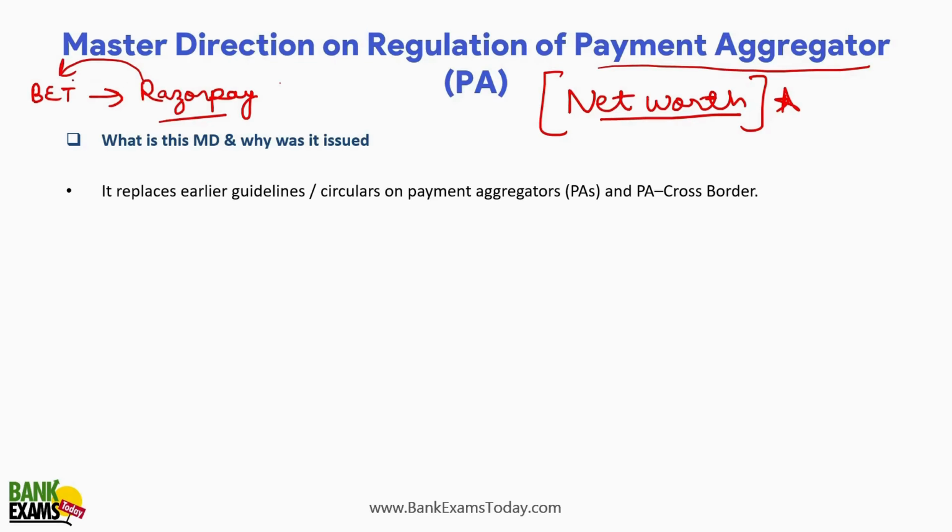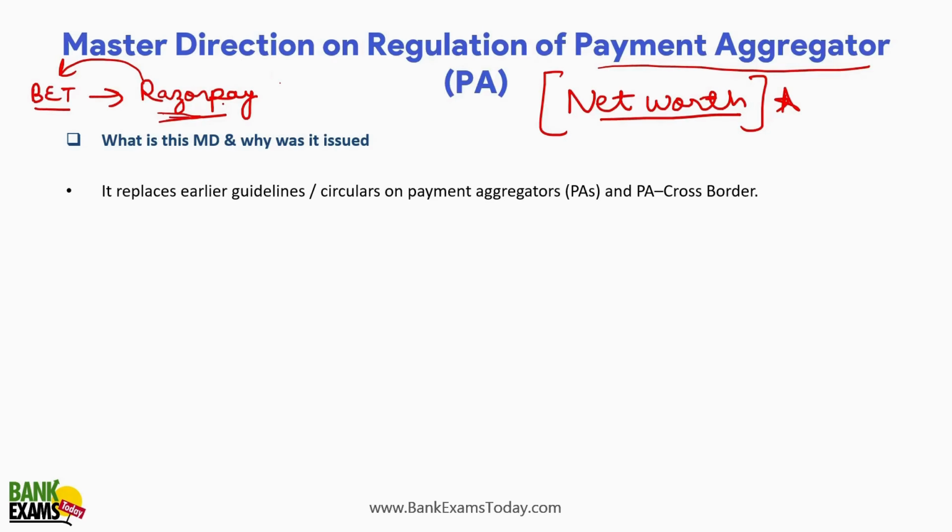They provide it to us as a service, so on our website Bank Exams Today we use Razorpay as a service. We pay them 1% to 2% of the fee that we collect, but they help us process the payments. So these are payment aggregators.